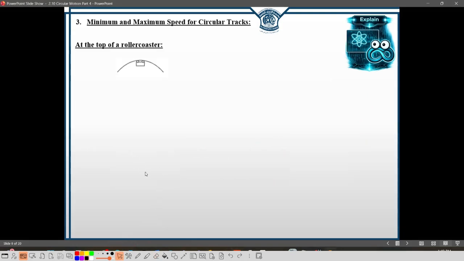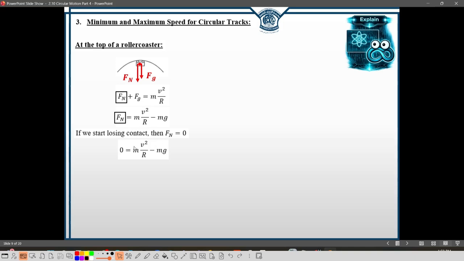At the top of a roller coaster, Fn and Fg are acting downwards, and we found that Fn is equal to mv squared over r minus mg. If we start losing contact, which is the unfavorable case, then the normal push becomes zero. So here we are looking for the limitation of this kind of motion.